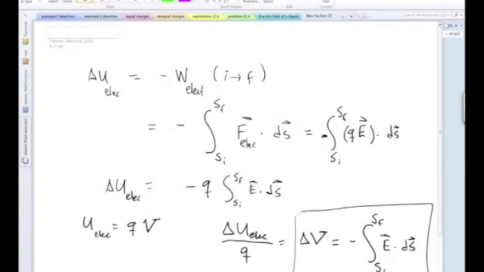The difference in potential between the final point and the initial point, potential at the final point minus the potential at the initial point, is this number, the integral of E times ds. So E is a vector quantity. If you dot it with the vector ds that describes the path, you end up with a scalar quantity, the difference between the potential at those two locations in space.